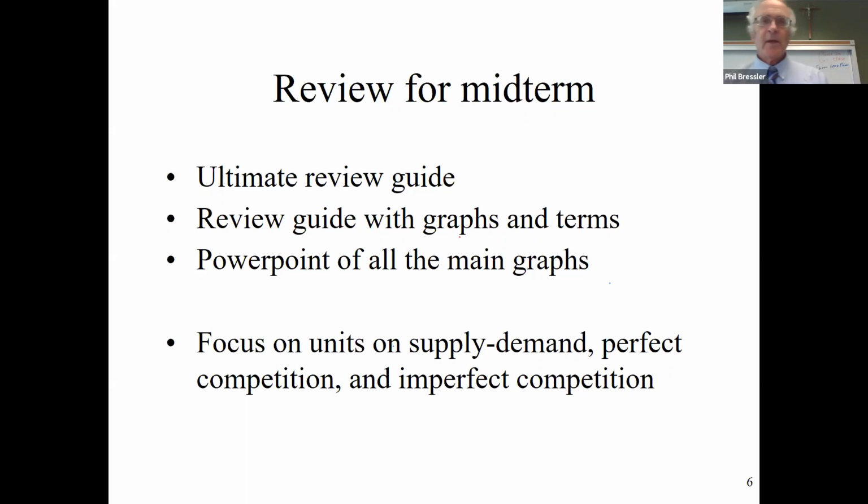I can't deny that. That being said, if you're not happy where you are and you really want to do well on the midterm, and that's all random, like some people are not happy at 88, I would just suggest that you spend 15 or 20 minutes a day over the break, or at least 5 out of the 10 days over the break, and just use under the topics page, under the midterm, there's this ultimate review guide that breaks each unit down, unit by unit, and goes through all the key terms by asking you questions.